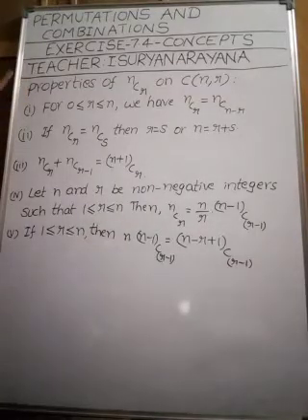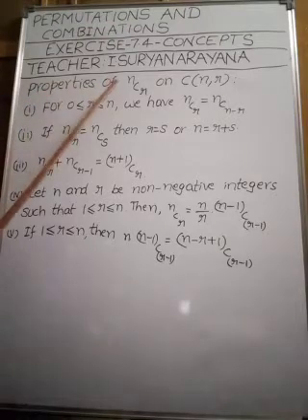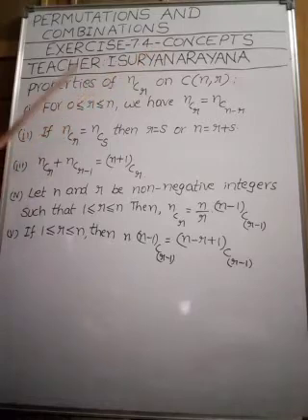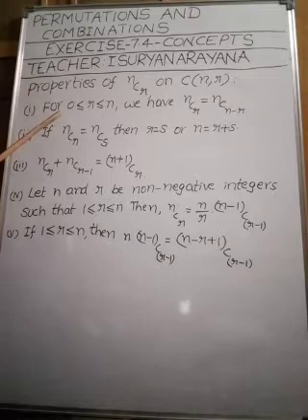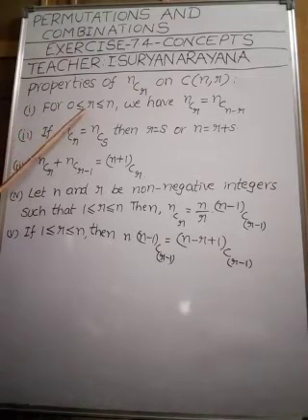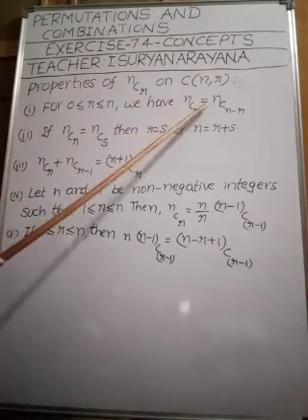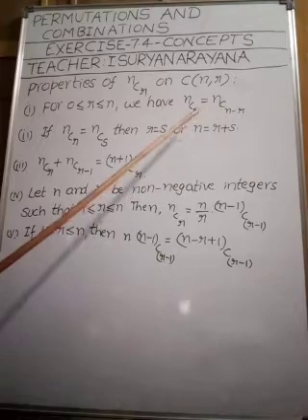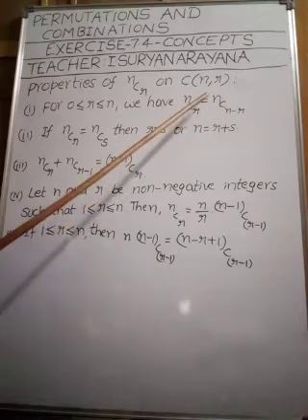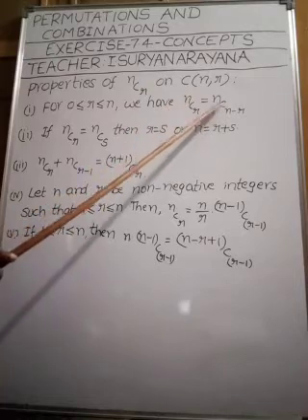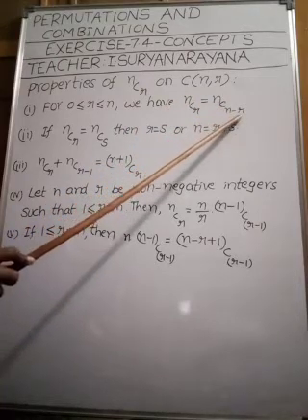Now come to this point, my children, properties of nCr. Here we are discussing these five properties of nCr. First property: for 0 less than or equal to r less than or equal to n, we have nCr is equal to nC(n − r).